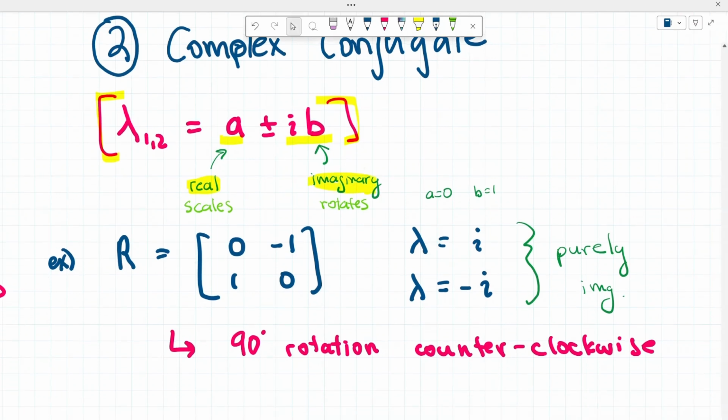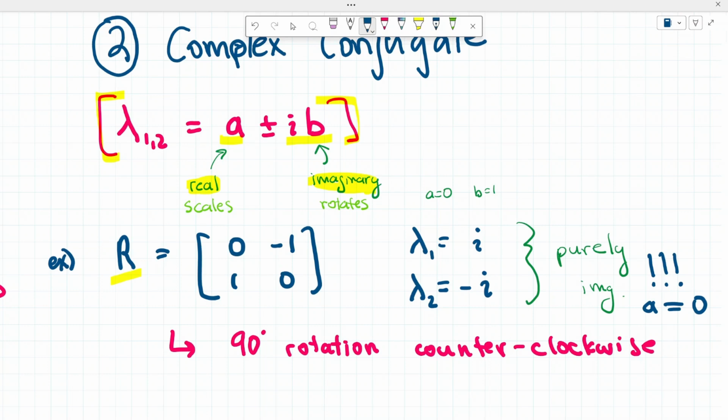So let's look at this example over here and consider matrix R. So this matrix has 2 eigenvalues. First eigenvalue over here equals i, and the second eigenvalue equals negative i. So as you can see, these are purely imaginary because a equals 0. So we just have the imaginary part and not the real part.